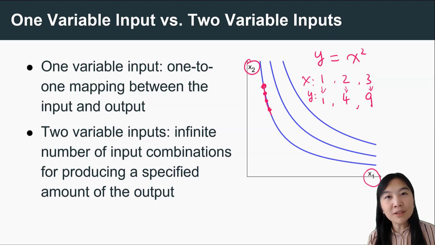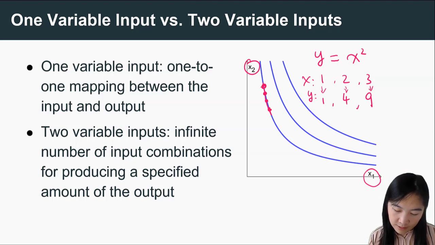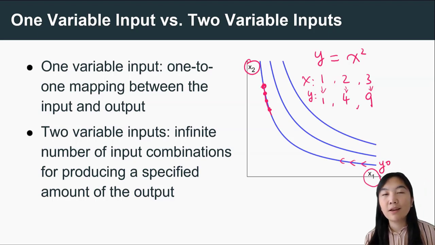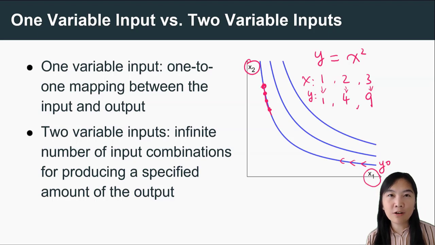So intuitively, suppose the producer is constrained to produce a certain level of Y. For example, let's say this is Y0, this isoquant. That is the level of output to produce, either because the producer signed a contract to supply a certain amount of output to a buyer or for other reasons. Let's assume the producer has to produce this amount of output.